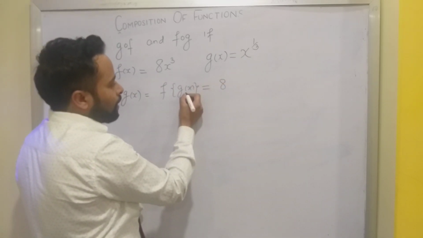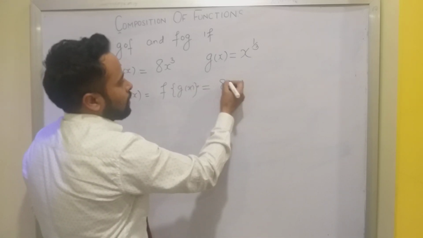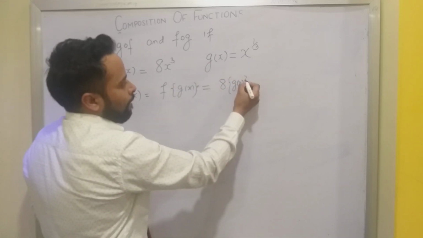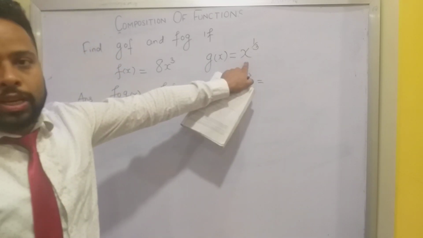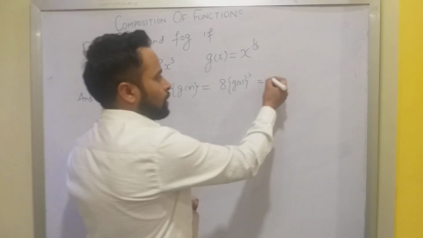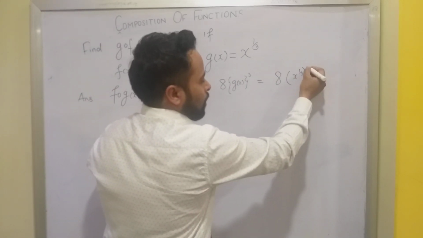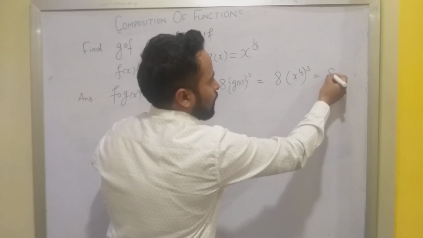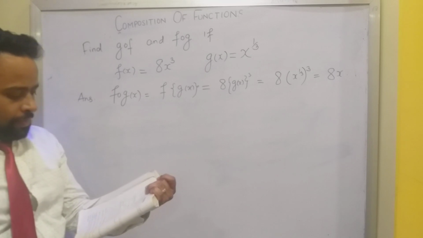In place of x you write g of x, and it is cubed. In place of g of x I need to write x to the power 1 by 3. So it is 8 times x to the power 1 by 3, whole cubed. Outside the cube I get 8x. So simple, isn't it?